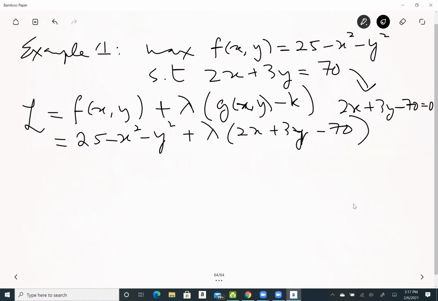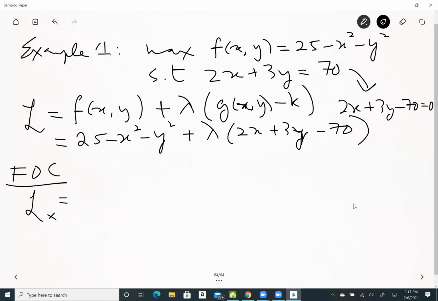Now we take the first partial derivative, we call it FOC, first order condition, first Lx. What is Lx equal to? Negative 2x.